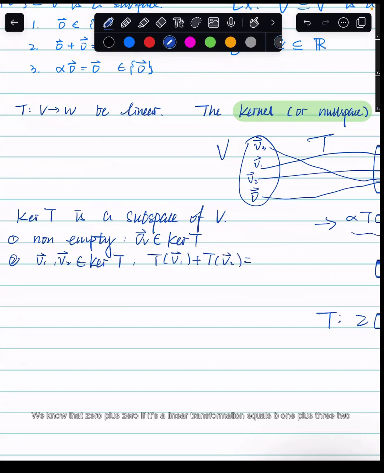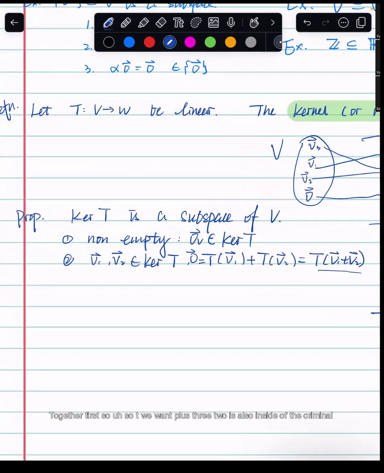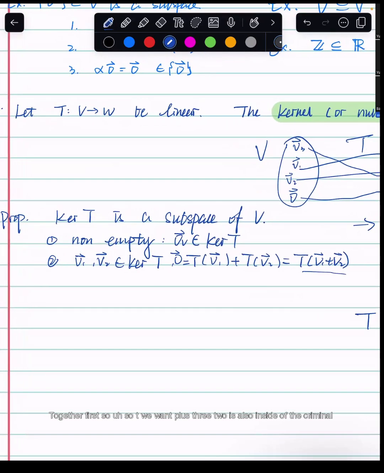And we know that 0 plus 0, if it's a linear transformation, equals T(V1 plus V2). So 0 has to equal T of V1 and V2 added together first. So V1 plus V2 is also inside of the kernel.